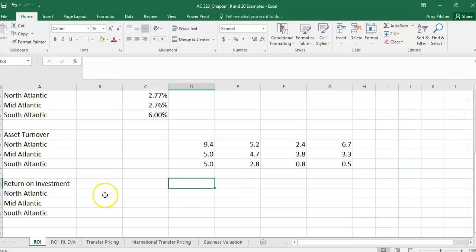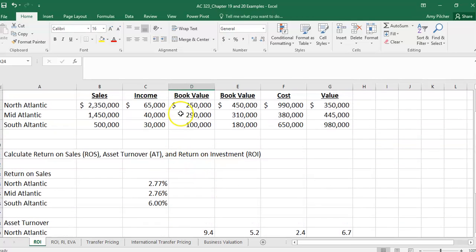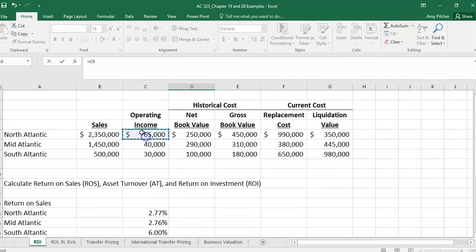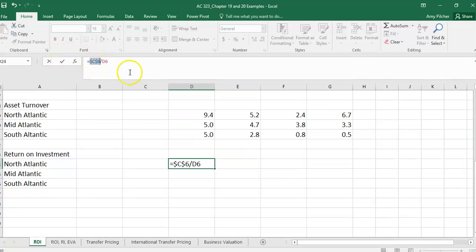And for return on investment, we take the operating income divided by the investment. So we'll start with the net book value column. Of course, if we lock that operating income cell, we can carry our formula across.